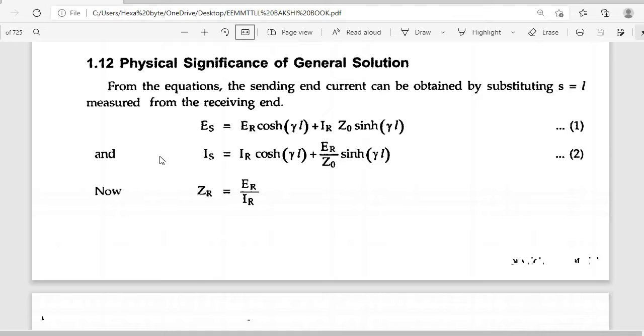From the equations, the sending end current can be obtained by substituting x equals l, the distance measured from the receiving end.